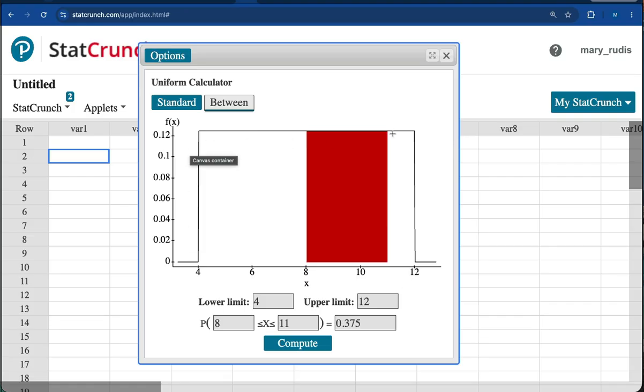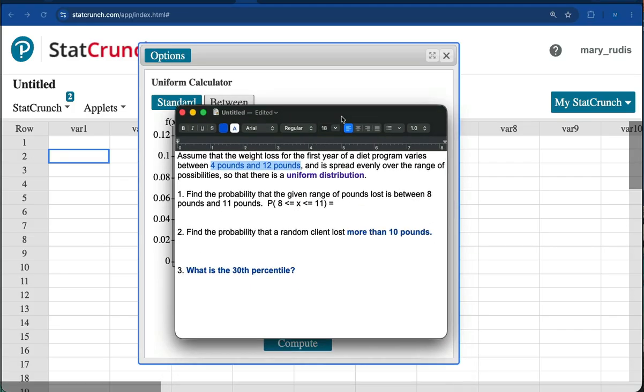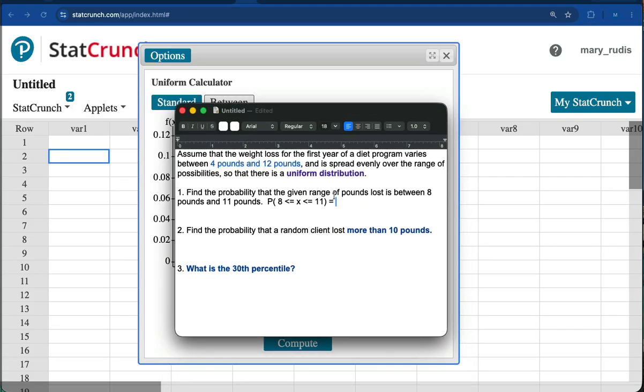It just looks like a block or a rectangle. The red shaded area is the area that we're interested in, and the area of it is 0.375, because the total area of the rectangle is 1. So the area of the red is 0.375. On my sheet up here, I'm just going to answer the question.